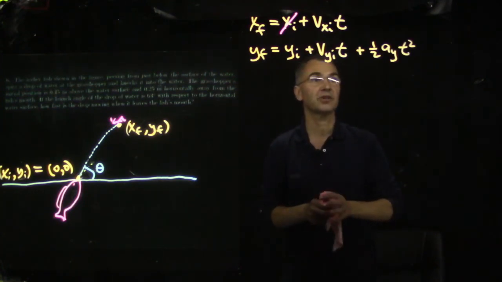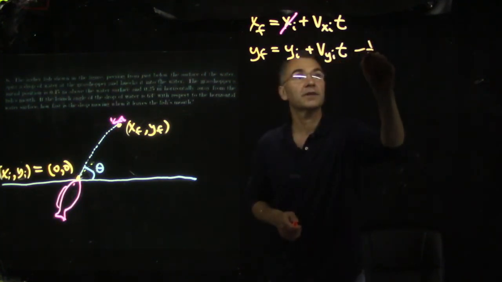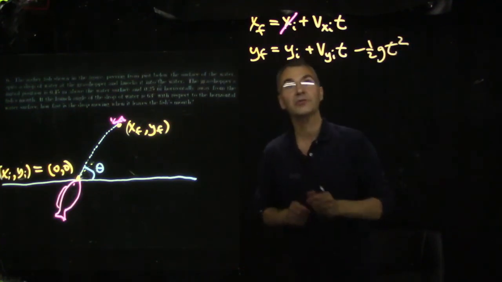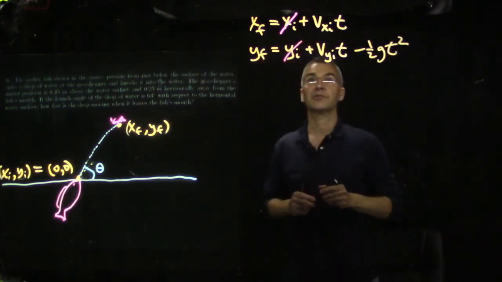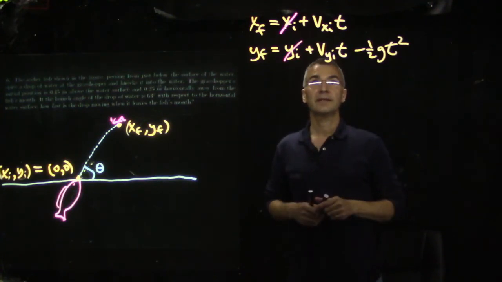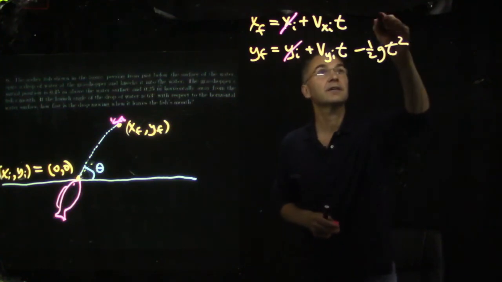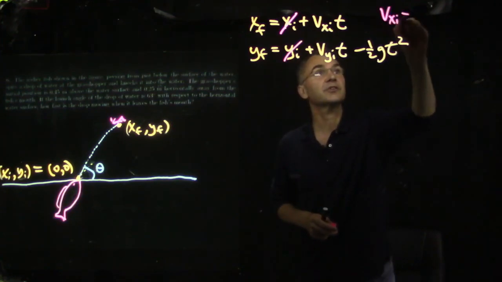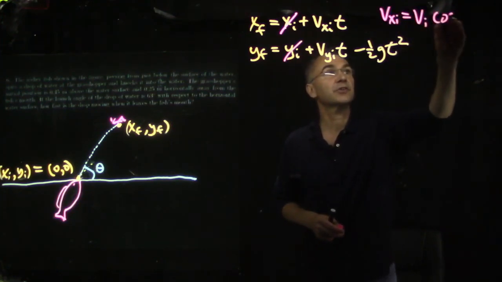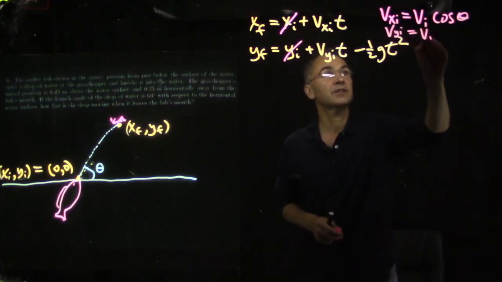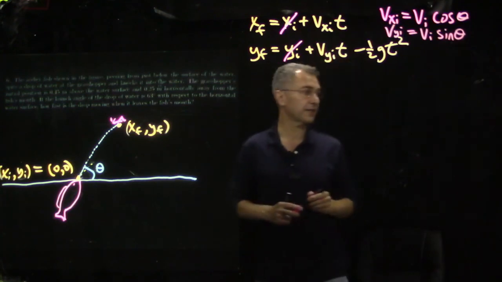So we can replace this with minus 1/2 g t squared. And we also said that y initial was 0. Then it's convenient to say vx initial is v initial cosine theta, and vy initial is v initial sine theta.